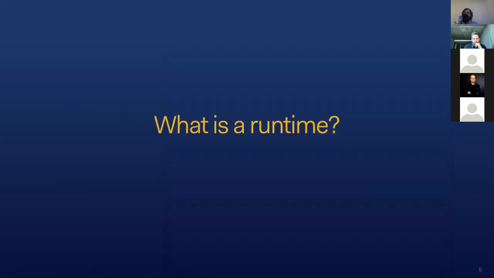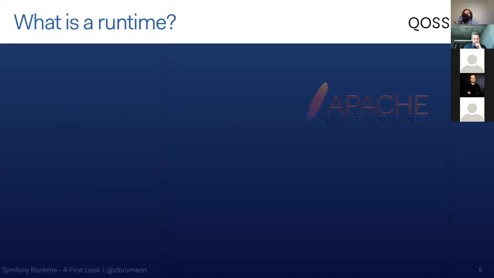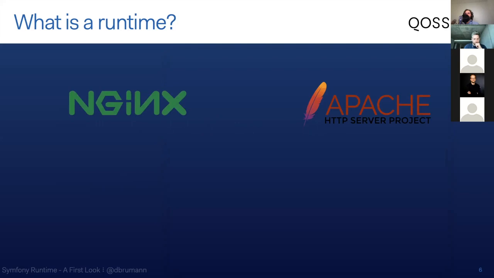And with that, let's start with what actually is a runtime. So in terms of PHP, you probably know Apache as an HTTP server that serves your PHP code, and maybe you also heard of Nginx. Those are probably the two most popular environments to run PHP in. And that is basically the level of environment that we are talking about. So you could make it even smaller.